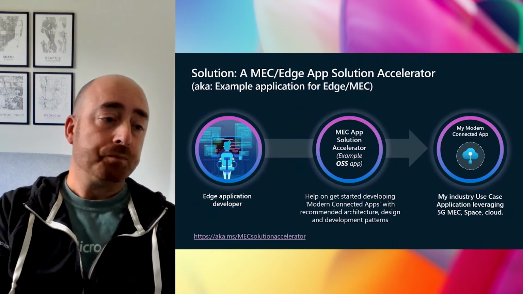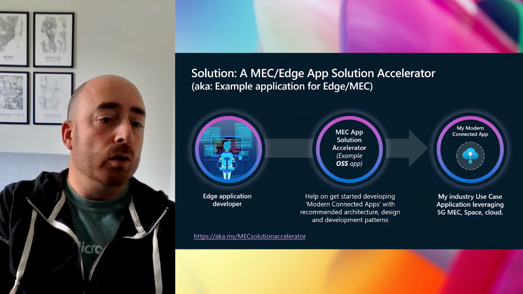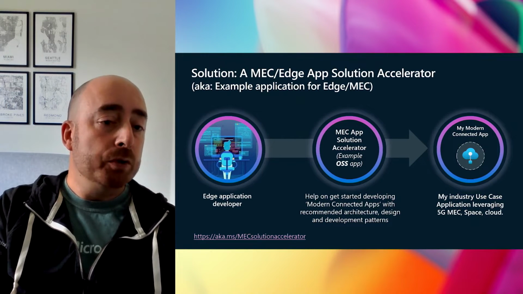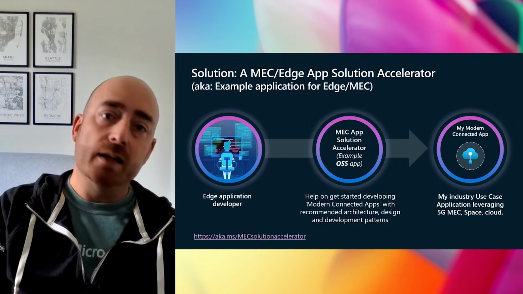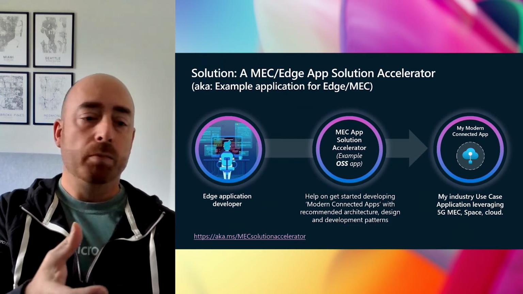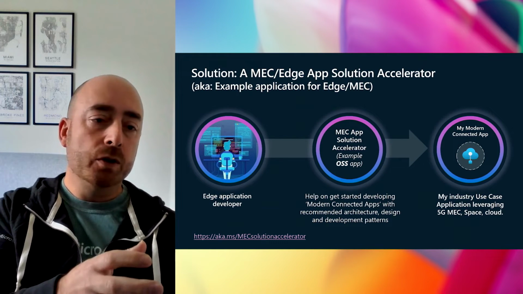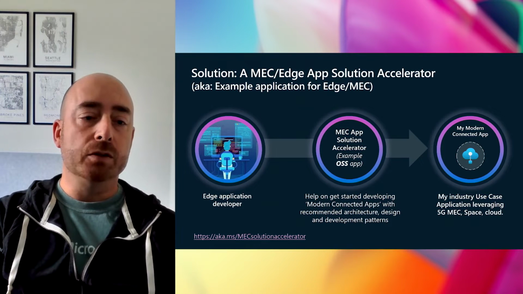So that's why we created this example application, which we call Multi-Access Edge Compute Application Solution Accelerator, which is, as I said, an example application, open source, that you can take, play with it, reuse the code, extend it, and create your own modern connected application, right?